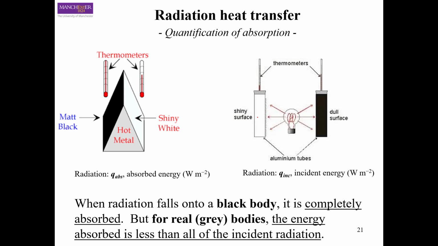You might have also observed this with cars: black cars heat up quite a lot compared to white cars or shiny gray cars, because the black color of the car absorbs all the heat. Again, it goes back to the nature of the surface, whether it is a gray body or a black body.